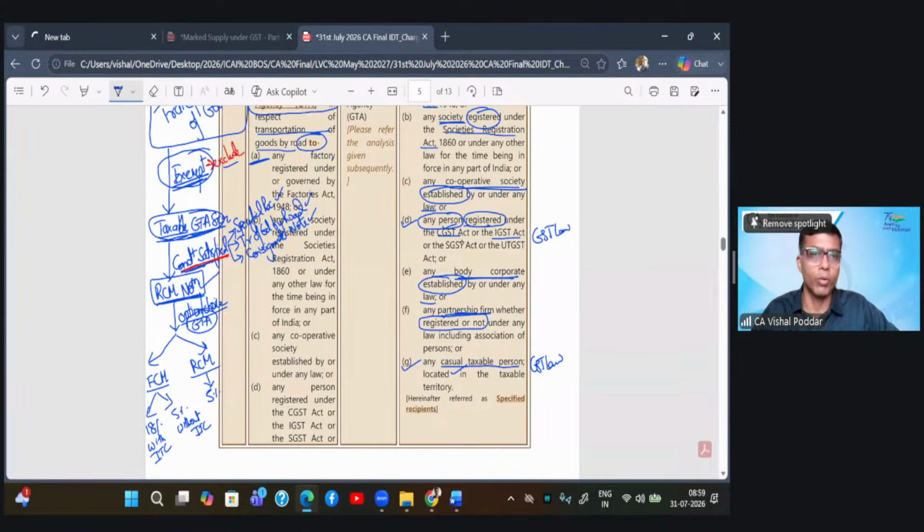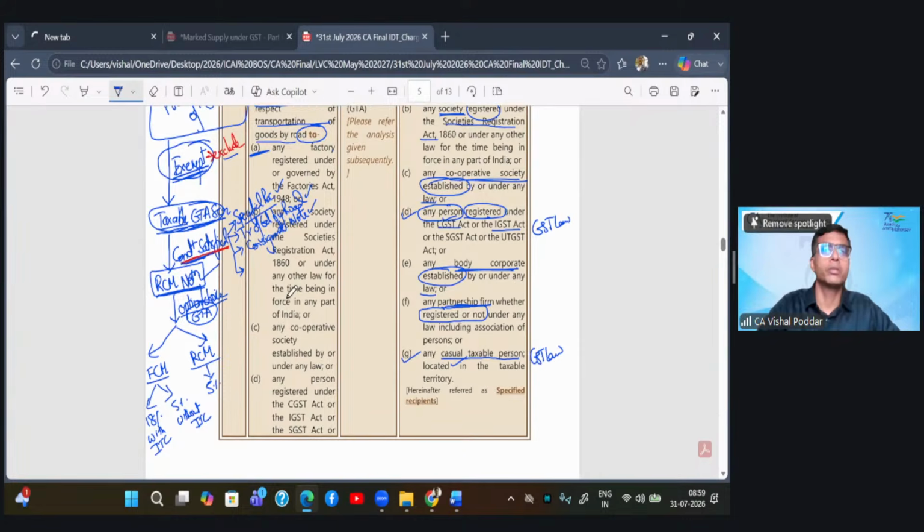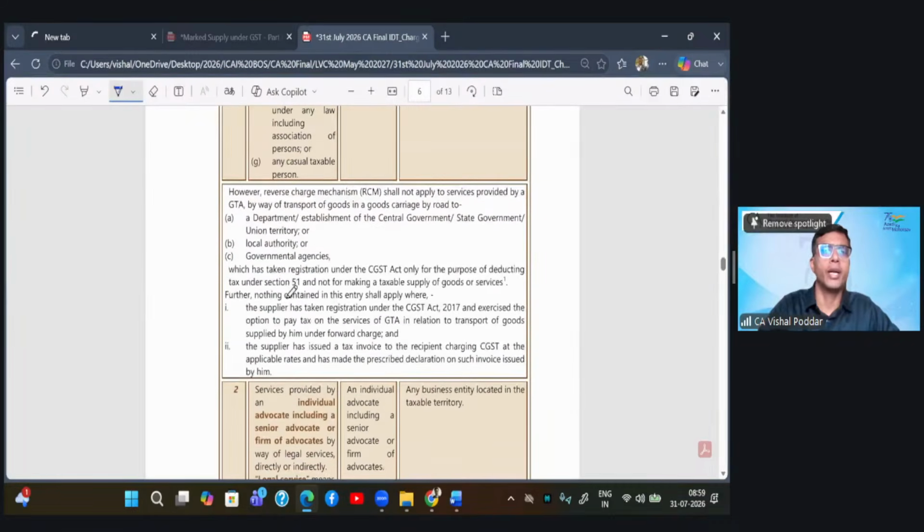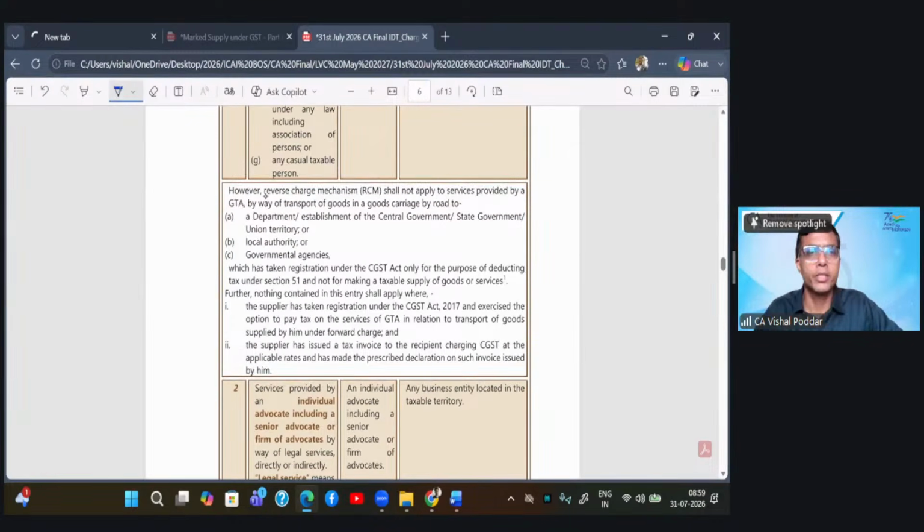Correct? Now, I'll add one more point: you are providing this service to a specified recipient, but they should not cover some specific recipients because they are excluded. Reverse charge mechanism will not apply where your recipient of service is any government.